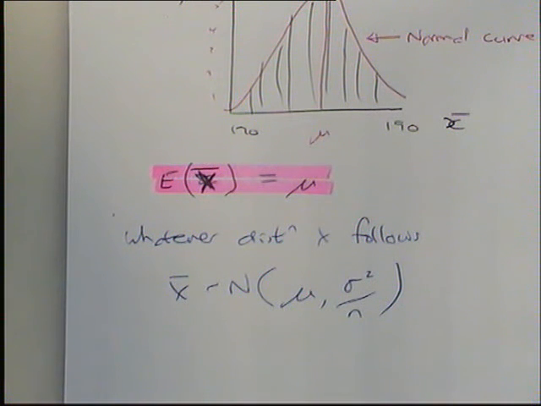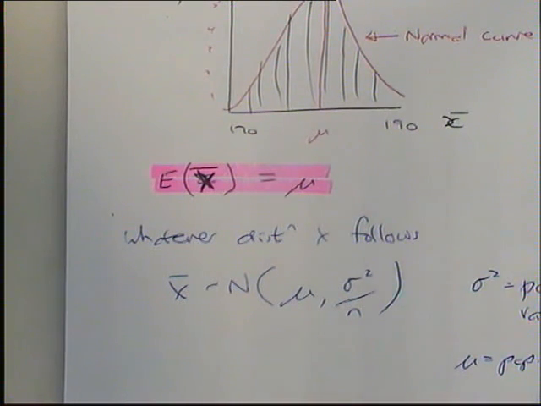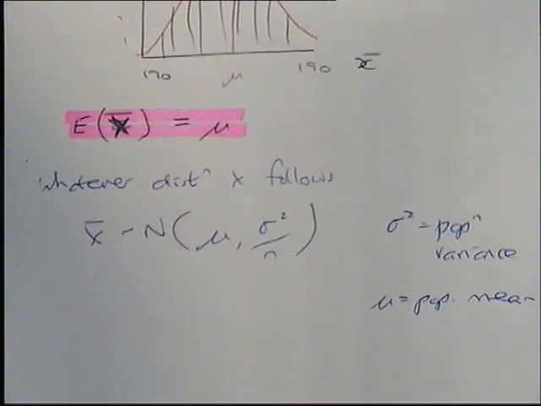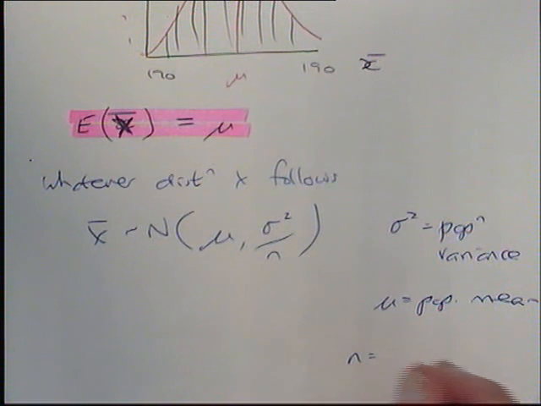And make it that sigma squared is equal to the population variance, and that mu is equal to the population mean. And n was the sample size.